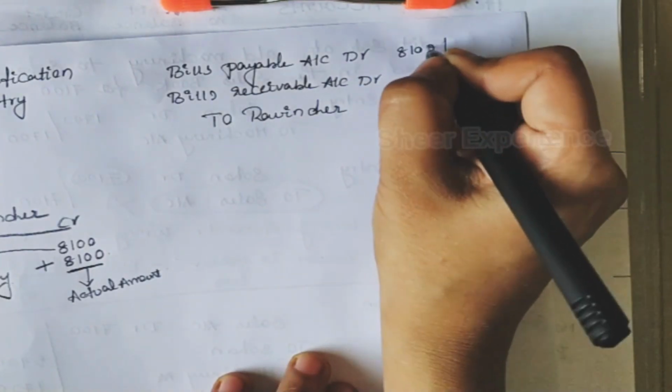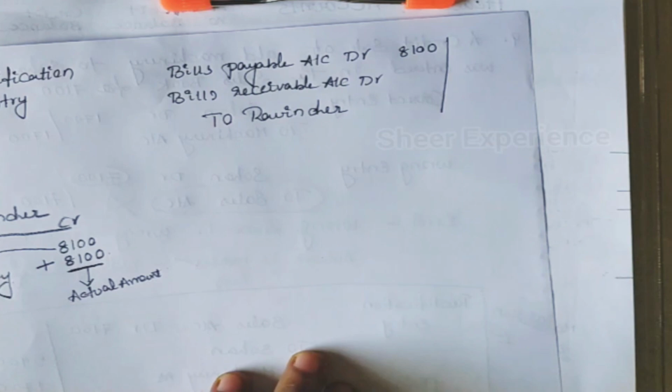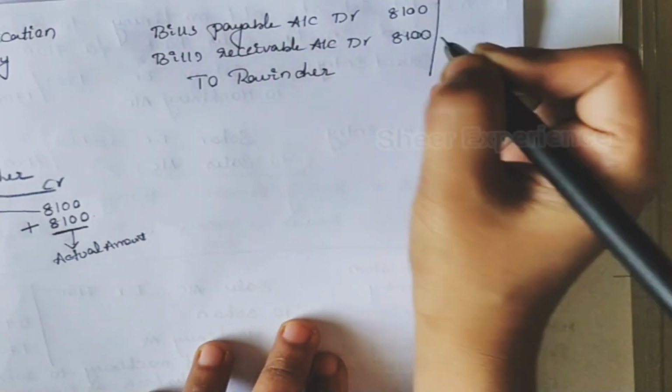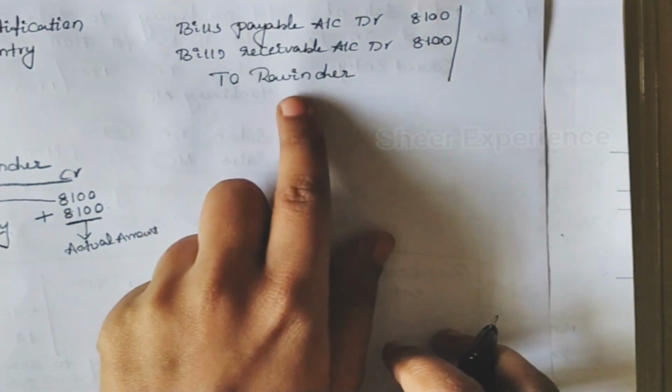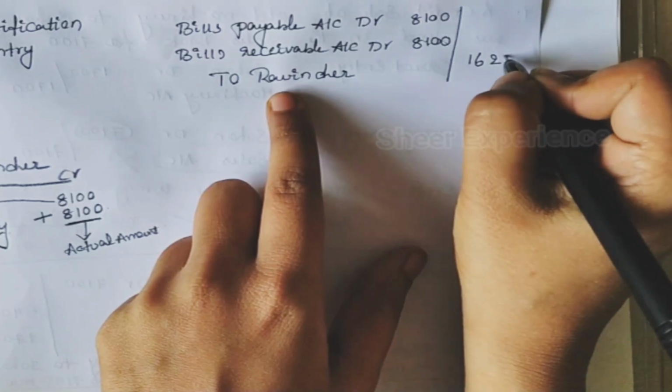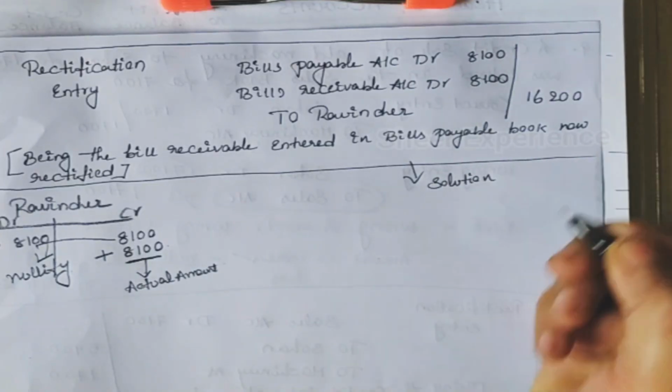Now we will add one more 8100 on the credit side. This is the actual amount. Now we will update the amounts. We debit bills payable account with 8100 and bills receivable account with 8100, and Ravinder account is credited with 16200. This rectification entry is the solution.